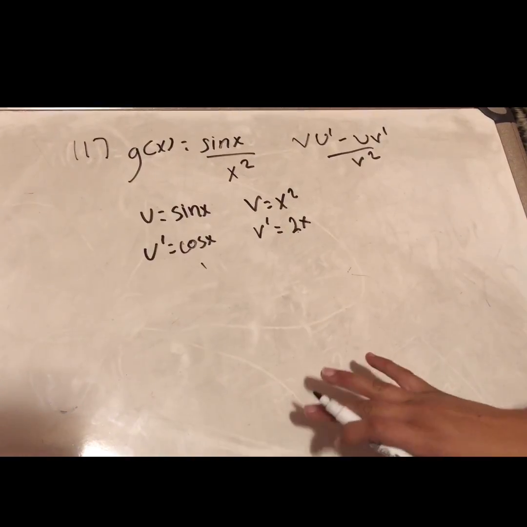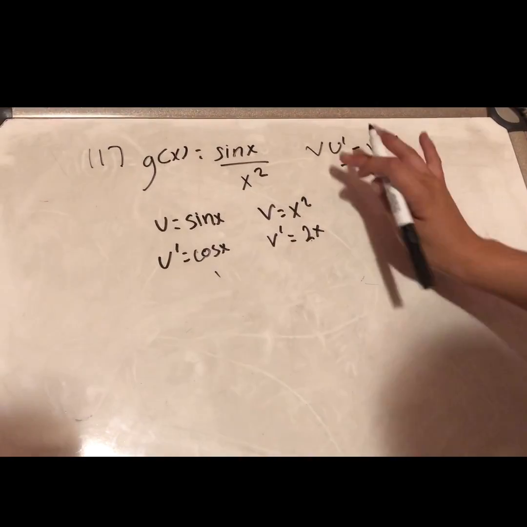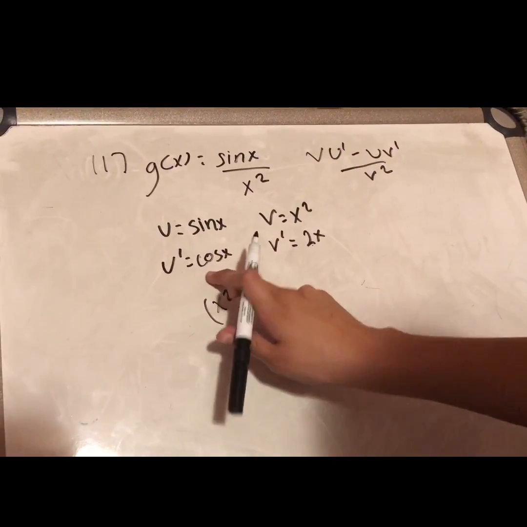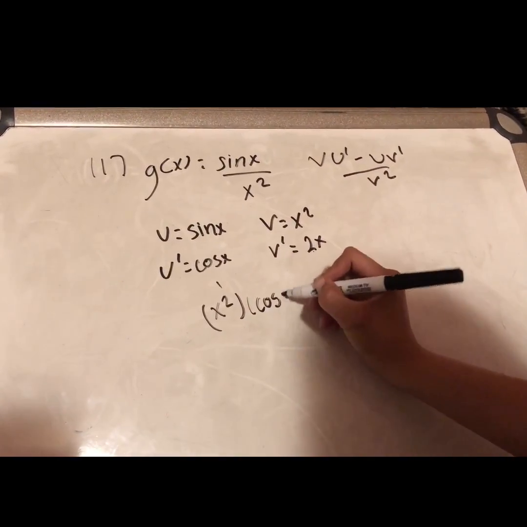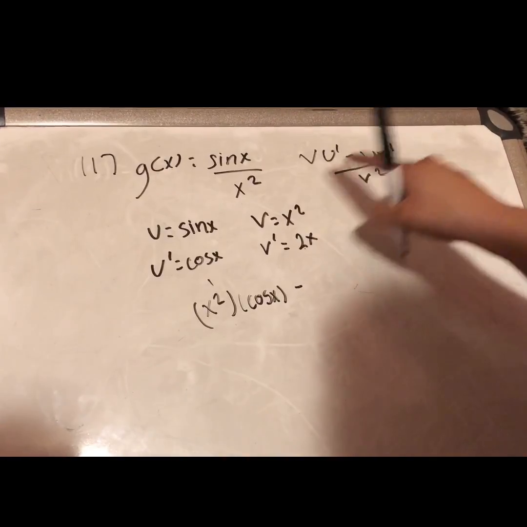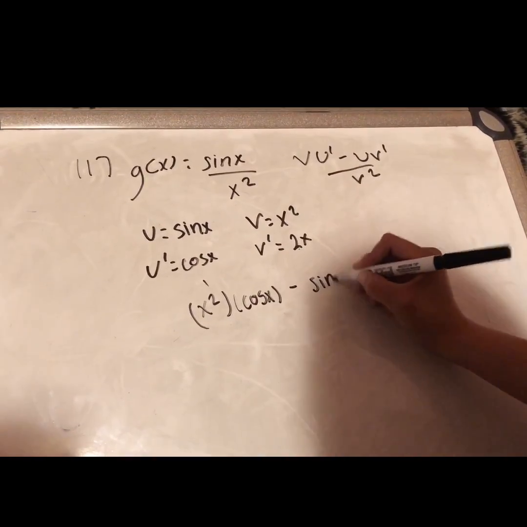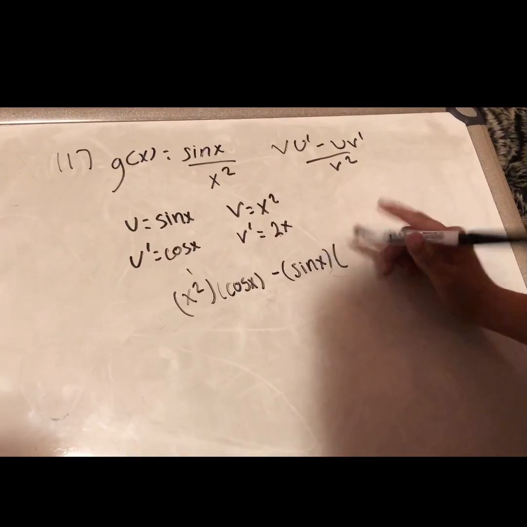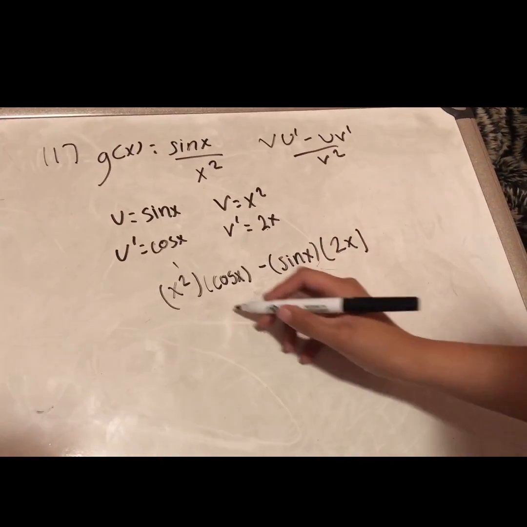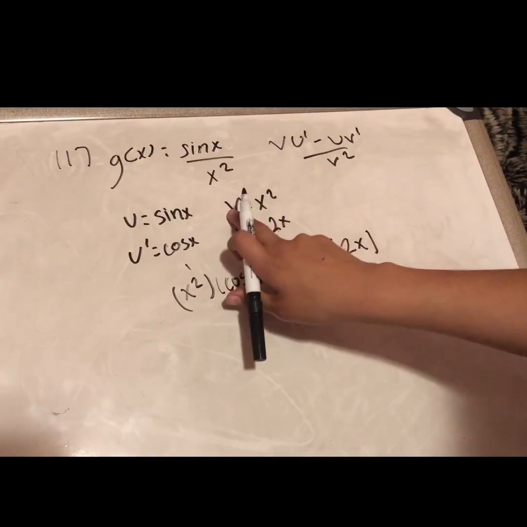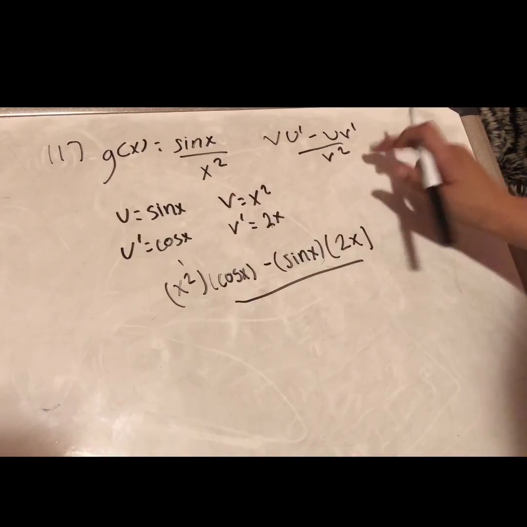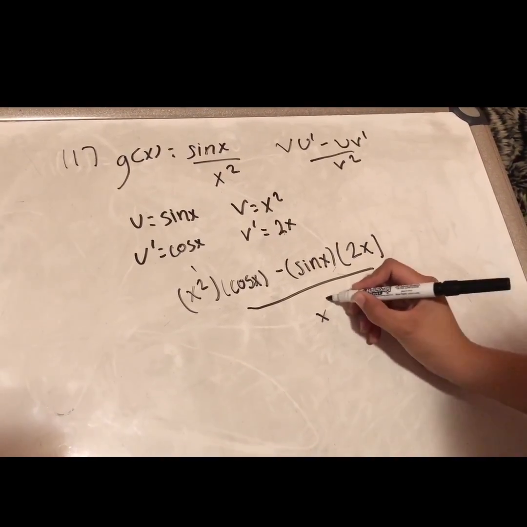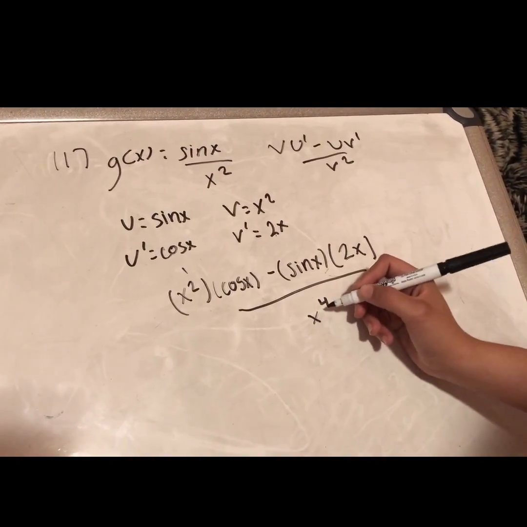So now we're just going to plug it in like we did in the previous problems, which would be x squared, u prime is cosine x, minus u, which is sine x, times 2x, all over v squared, which is x squared, but since you multiply it twice, it would be x to the 4.